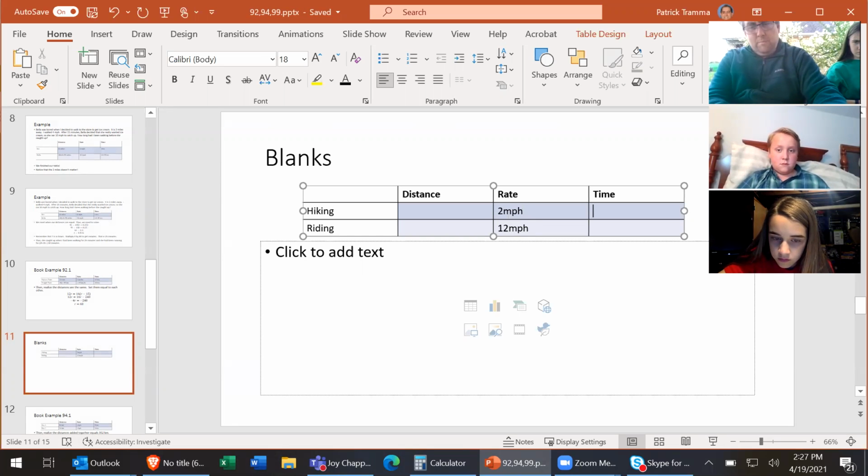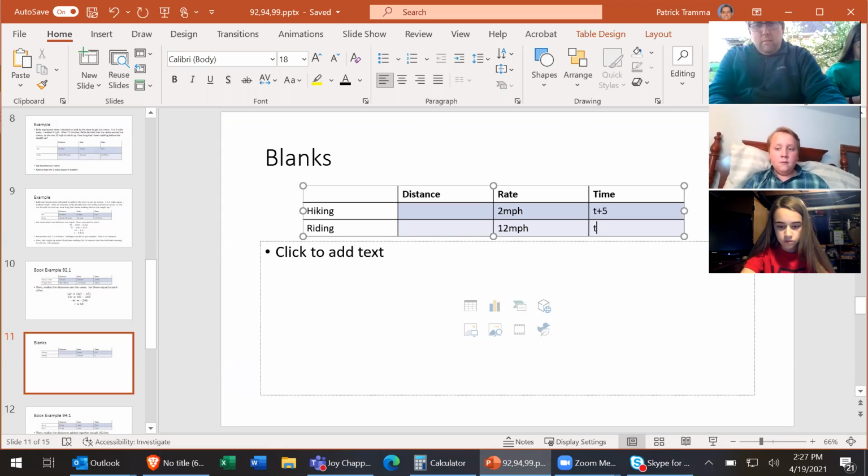So hiking time would be T plus 5 and T is riding, right? Does that make sense? Because it took 5 hours longer to hike than to ride.